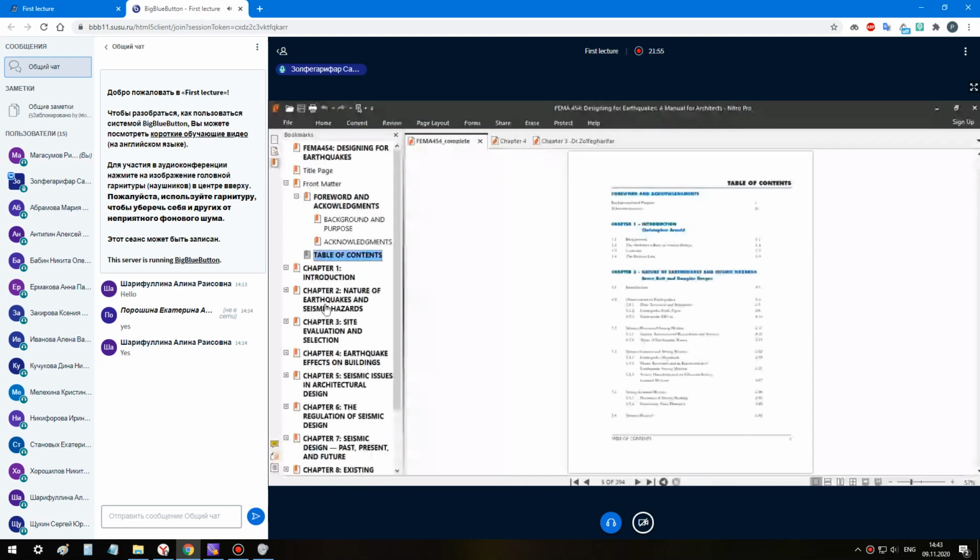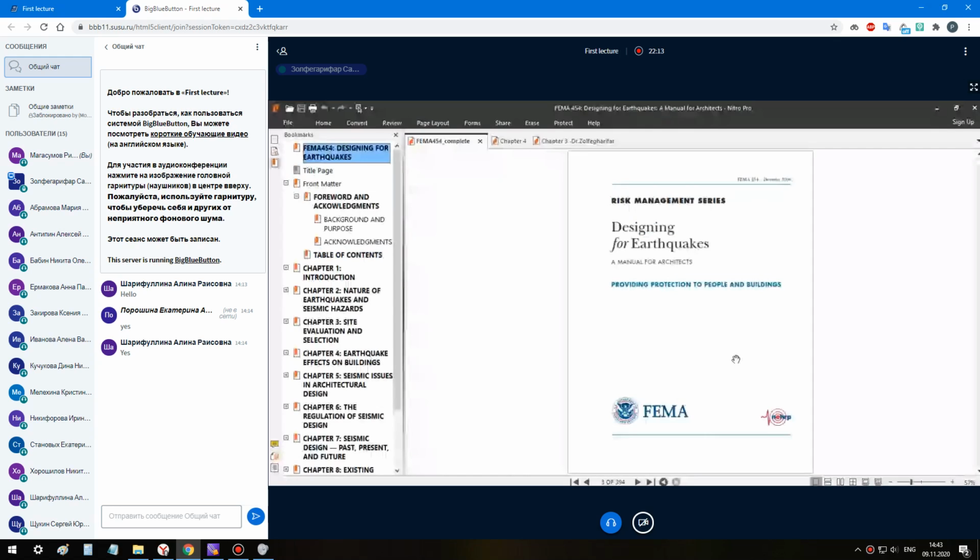So for design under earthquake, you can use this standard and study it. This is one of the standards in the world. In the USA they also use these standards.